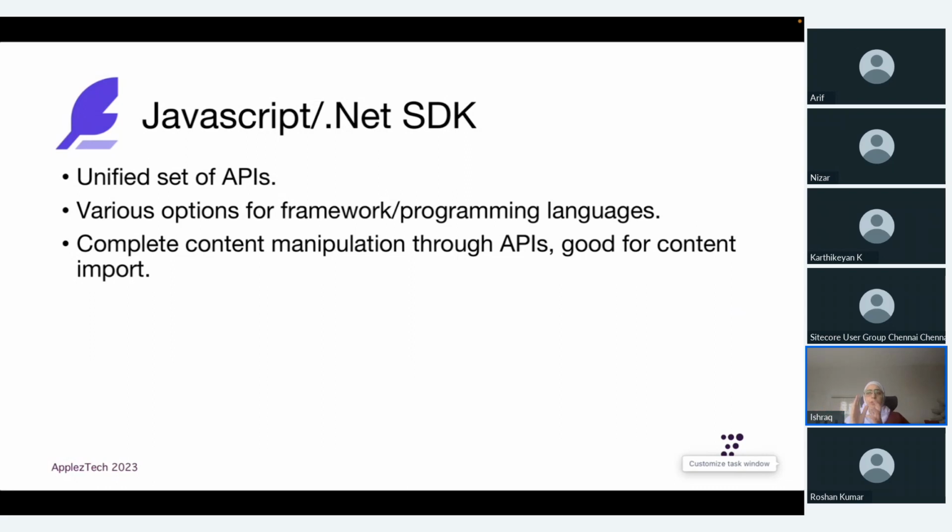So your application, similar to the JSS or the headless experience that we have, can use either JSS or JavaScript APIs, or we can use a .NET Core API. So your application doesn't mean it's only built by front-end developers.